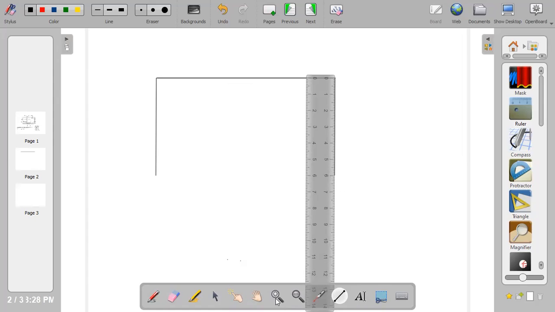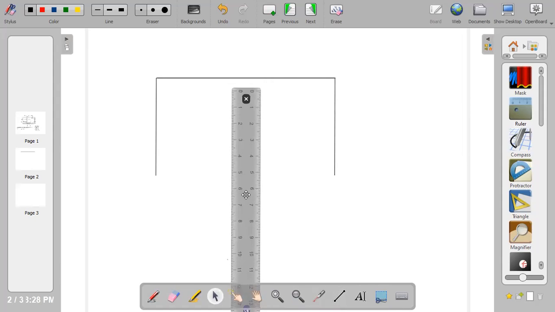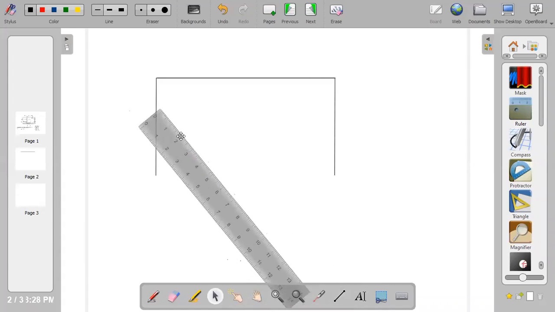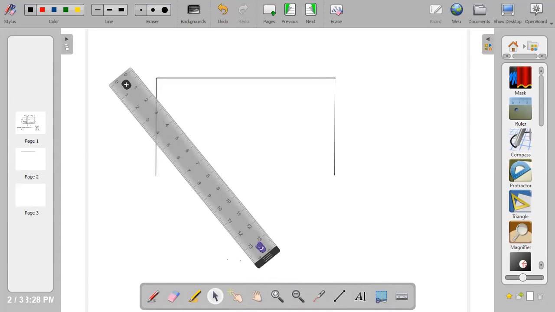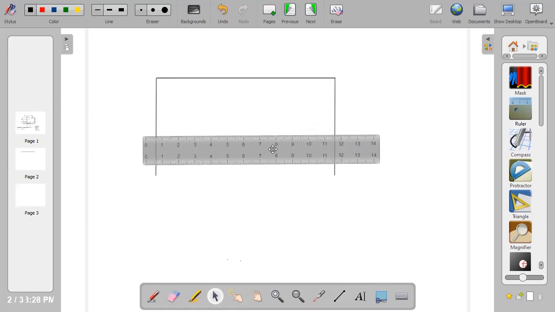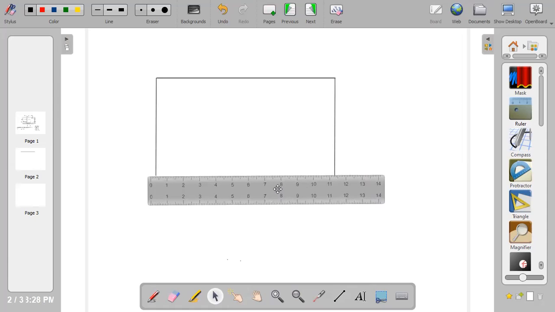Let me pick my ruler and close up the rectangle. You'll be using your T-square. So you drag your T-square down and close it up with a straight line.